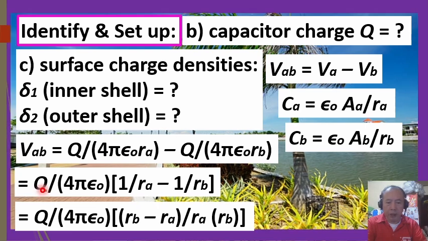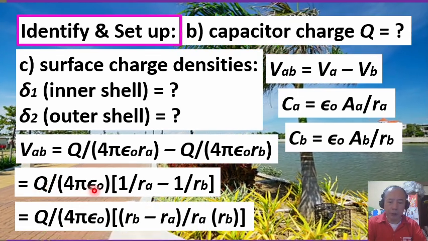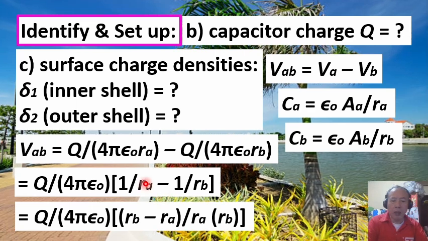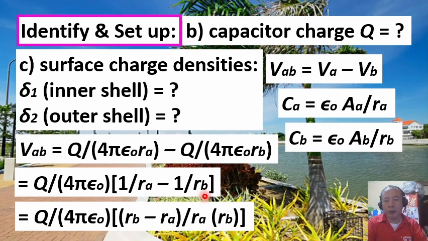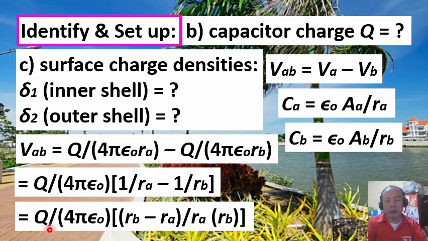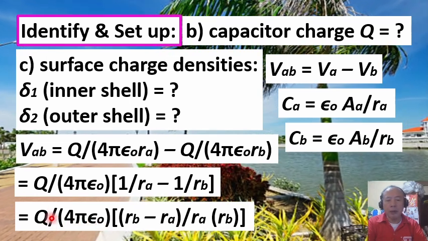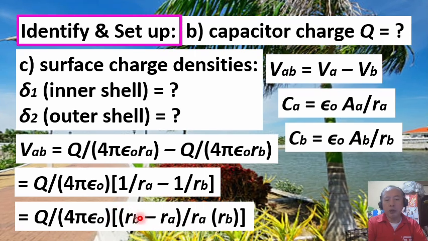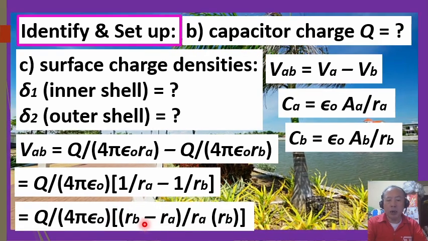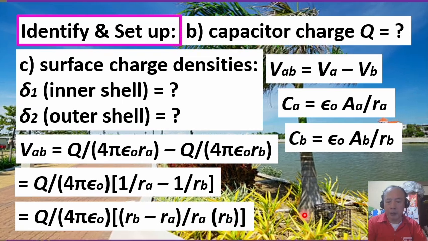Either big Q divided by 4 pi epsilon naught, multiplied by 1 over r sub A minus 1 over r sub B, or that can also be equal to big Q divided by 4 pi epsilon naught, multiplied by the ratio r sub B minus r sub A over r sub A times r sub B.